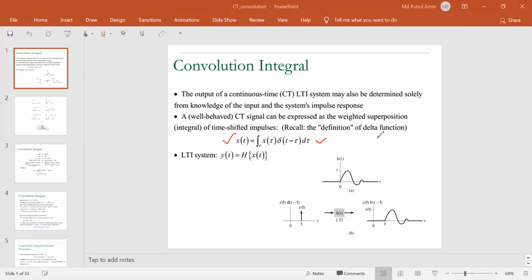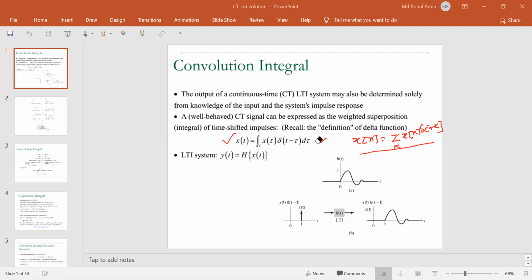This is very similar to your DT case, where your x[n] was expressed as a weighted sum over k of x[k] delta[n minus k]. Can you remember it? Okay, this was for our DT case, and the corresponding case for your CT signal is this.